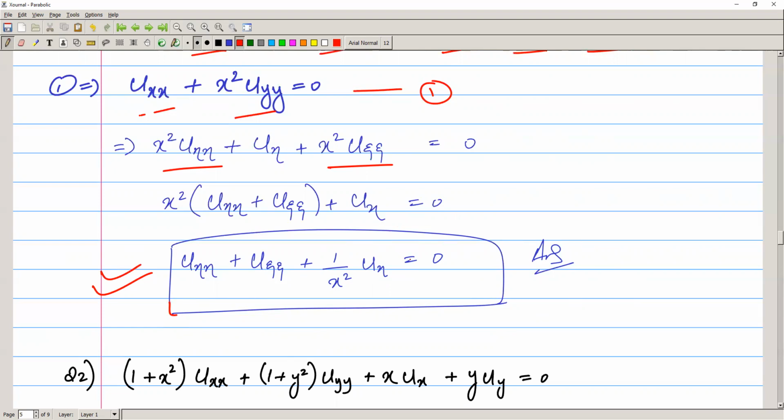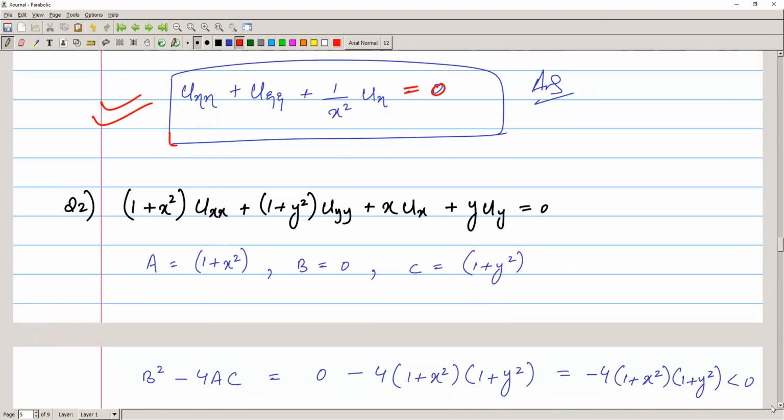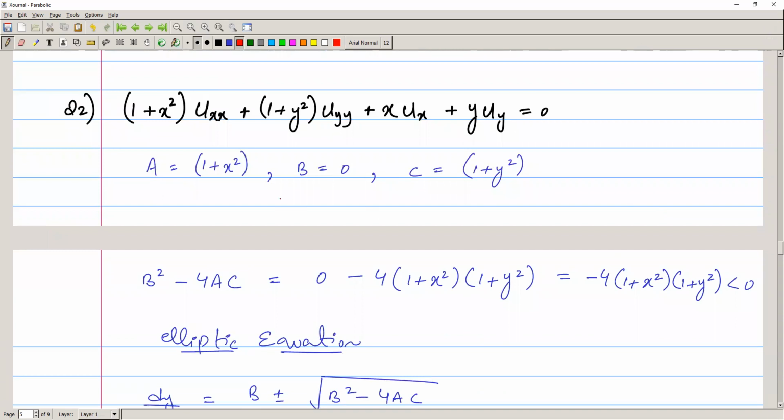We can see that this is also a second order partial differential equation, right? Having two independent variables. So now we will move on to question number 2. Question number 2 says that 1 plus x squared times uxx plus 1 plus y squared times uyy plus x ux plus y uy is equal to 0, right?